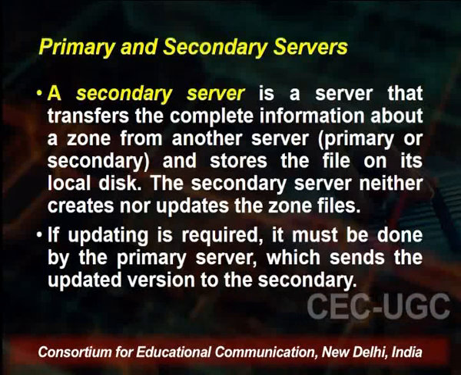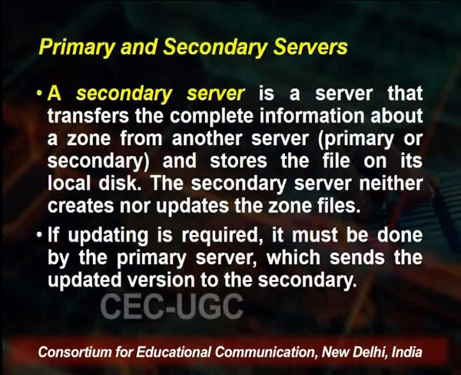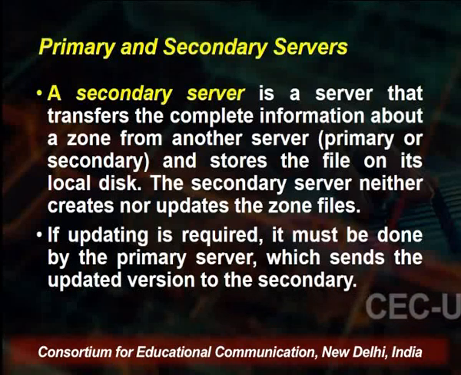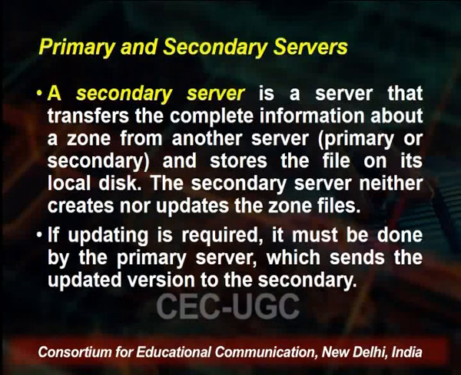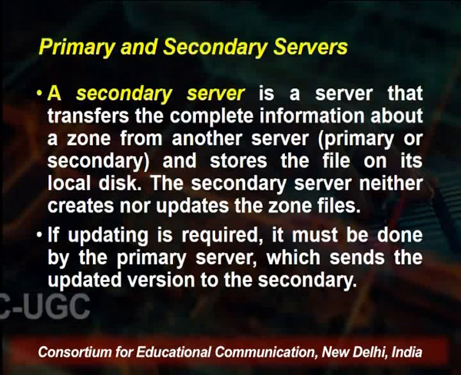A secondary server, on the other hand, will have the complete information about the zone, but it will take that information from another server. It will not create a zone file, it cannot update a zone file, it only maintains it. This secondary server could take the information either from a primary server or from another secondary server. But the idea is that it will never create or update the zone file.